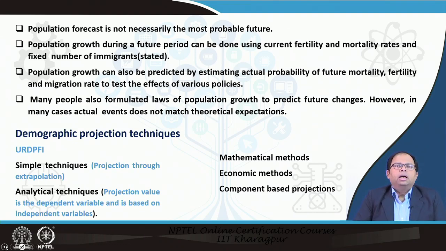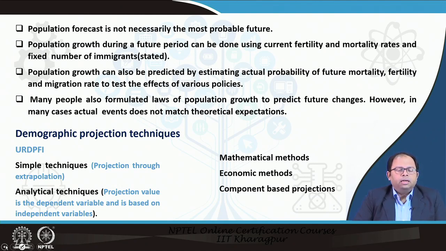So, they may form a certain law or rule, and usually it matches to some extent with the population of a certain country, but when we try to fit that same equation in another country, it may not fit, or we may want to fit that relationship for all age groups, and it may also not fit.